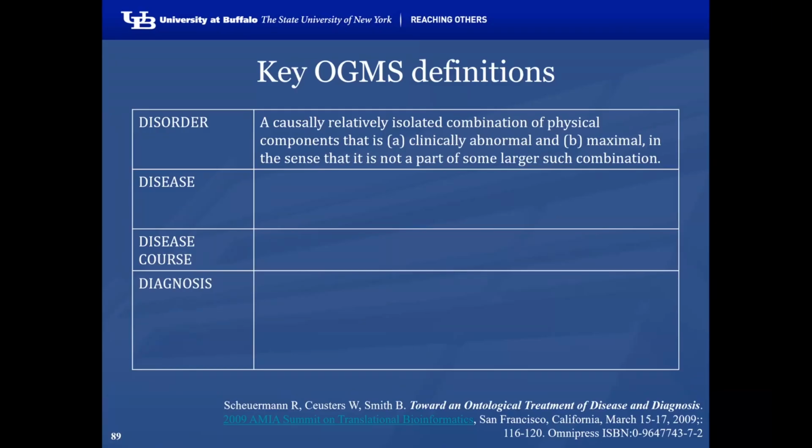Okay. A disorder is defined as a causally relatively isolated combination of physical components that is clinically abnormal and maximal in the sense that it is not part of some larger set combination. Any idea why that maximal criteria is there?